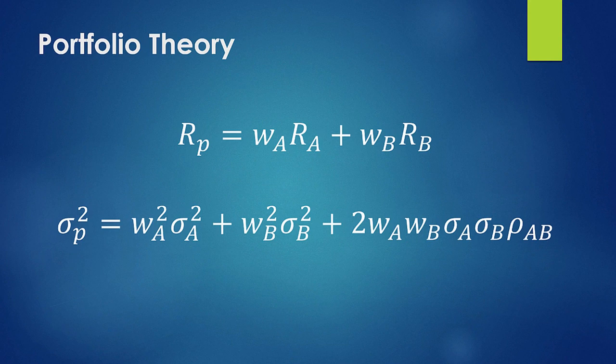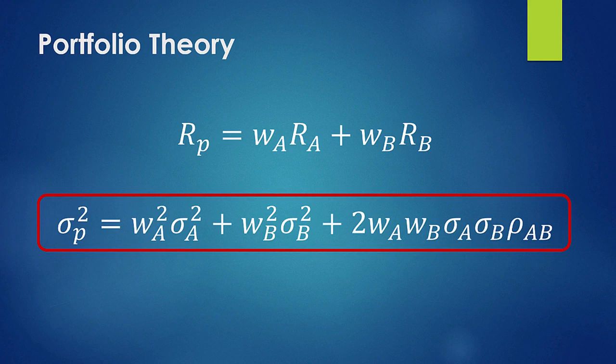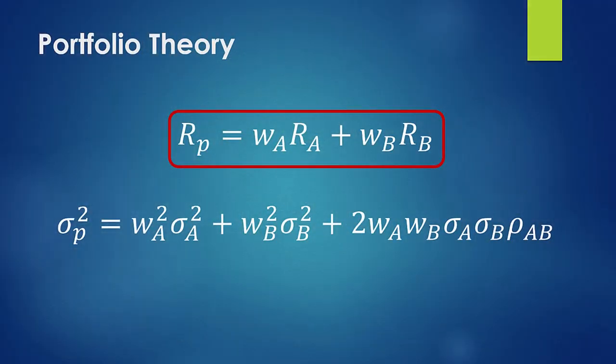What you see here is there are two equations. The top equation is the equation for your portfolio return, and the bottom equation is the equation for your portfolio variance, or your portfolio risk. Looking at the first equation, this is a pretty simple equation to understand. This is just a weighted average of the expected returns of your investments.